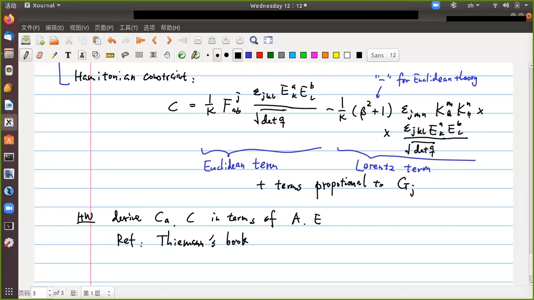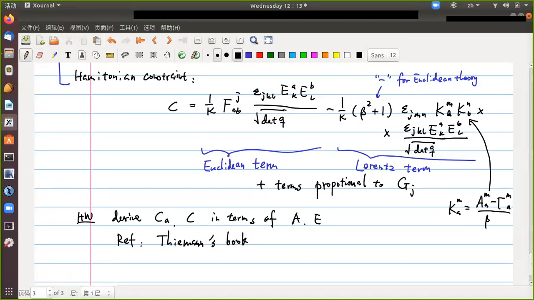In principle it is not explicit, but K is actually written as K = (A - Γ)/β. So K is not really K, but this expression, because in this formula you should express everything in terms of A and E. K is written in terms of A and E using the definition of the Ashtekar connection.